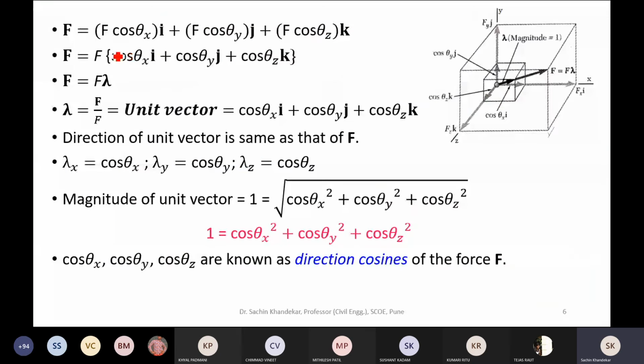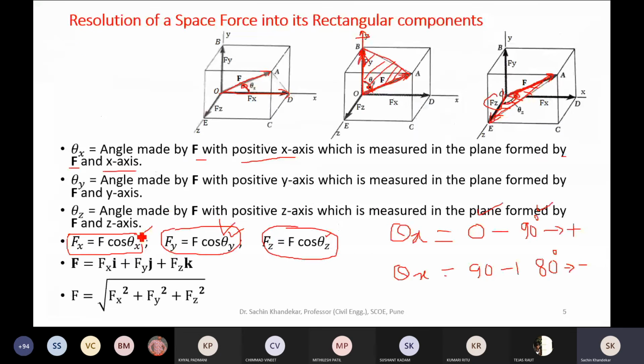In the similar fashion, I'm expressing this in the three-dimensional case: the force vector F as Fxi plus Fyj plus Fzk, where i, j, k are the unit vectors along x-axis, y-axis, and z-axis, while Fx, Fy, and Fz are the scalar components along x-axis, y-axis, and z-axis respectively. Then similar to the two-dimensional case, how will you find out the magnitude of F?